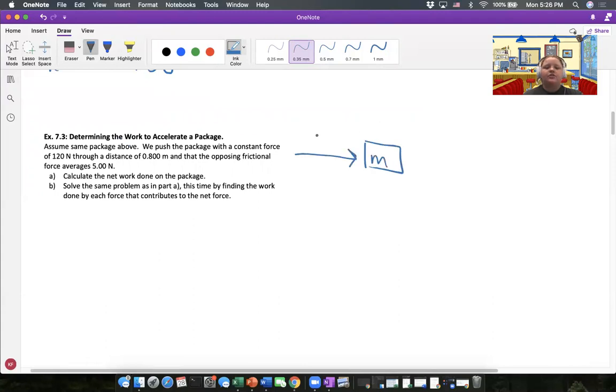So there's our package, and we push it with a constant force of 120 newtons through a distance of 0.8 meters. And we do have an opposing frictional force F, equal to 5 newtons.